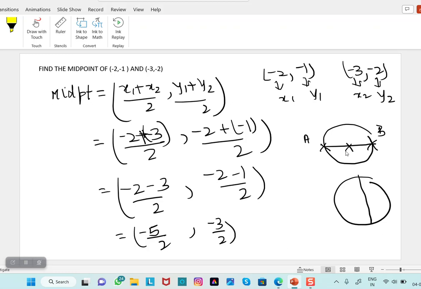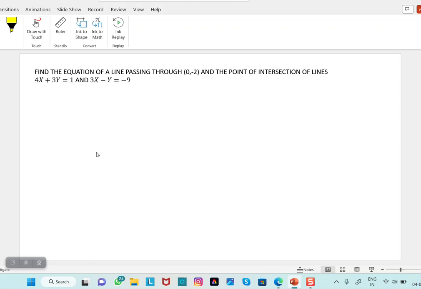In order to find the center, you just have to find the midpoint of A and B. So I repeat: if you are given a circle and told that point A and point B are the end points of the diameter, then to find the center you just use the midpoint formula for points A and B. We proceed to the next question.